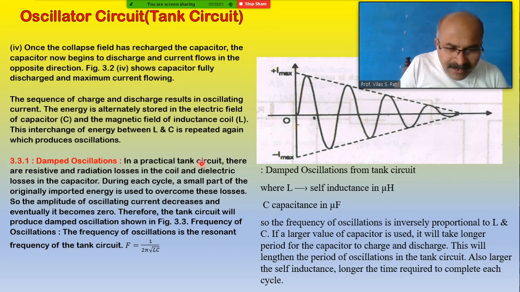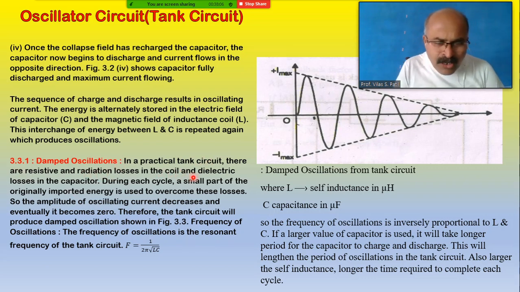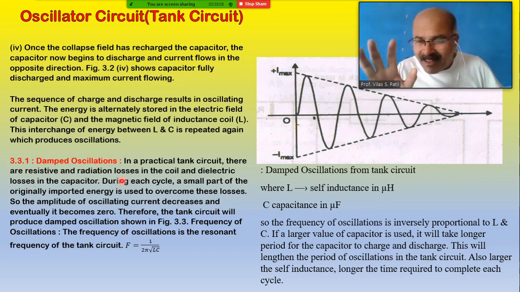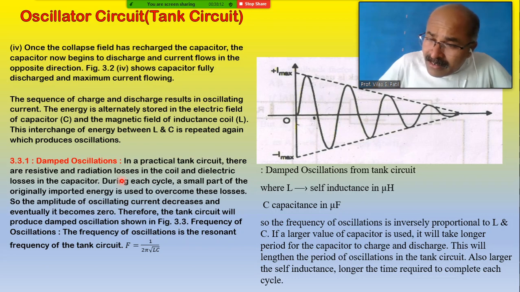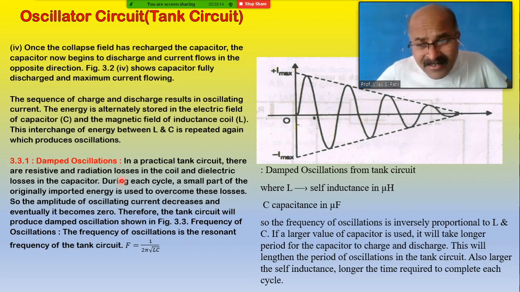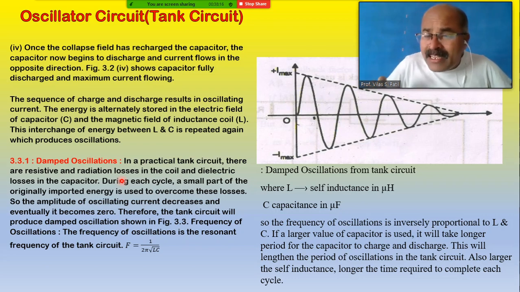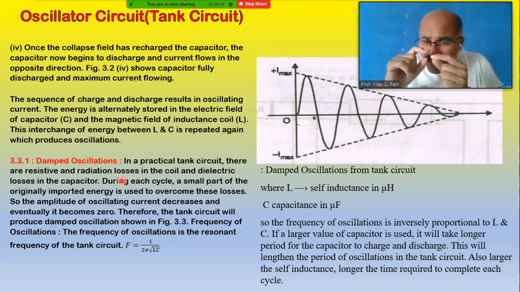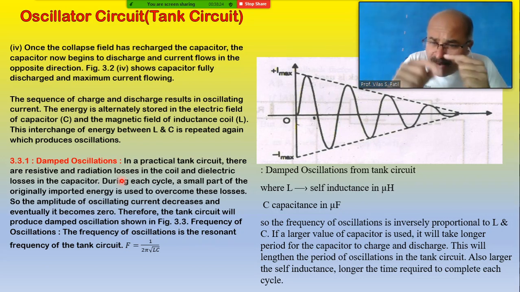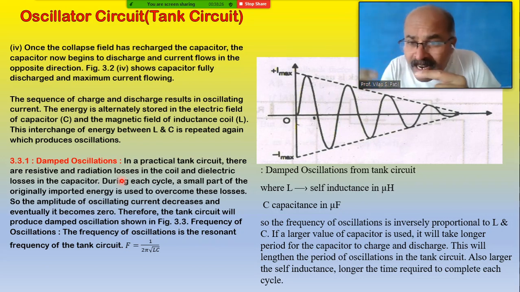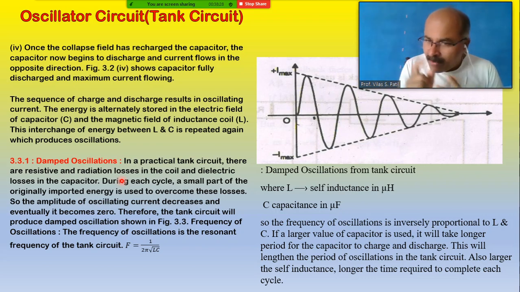In a practical tank circuit, there will be resistive and radiation losses in the coil, and dielectric losses in the capacitor. We know that in a tank circuit there is the inductance, and the inductance is made up of a coil. First it is a straight wire, and if it is wound, it becomes a coil.